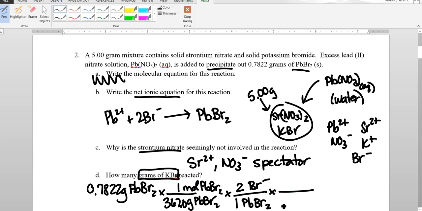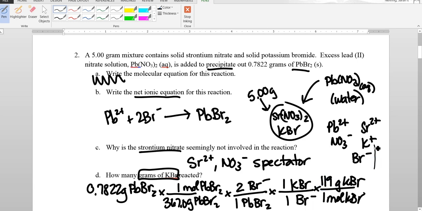So let's think about how many bromides there are per every KBr. Looks like every 1 KBr has 1 bromide in it. So if I find moles of bromide, that will tell me moles of KBr, and I want to convert from moles of KBr to grams of KBr, and that molar mass is 119.